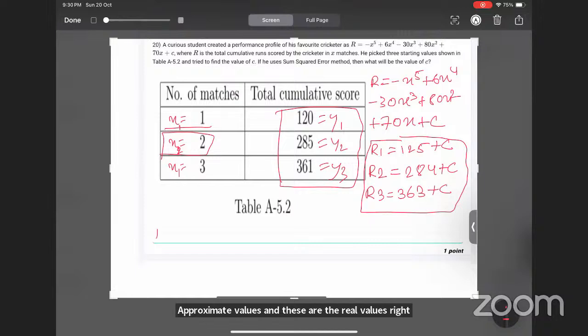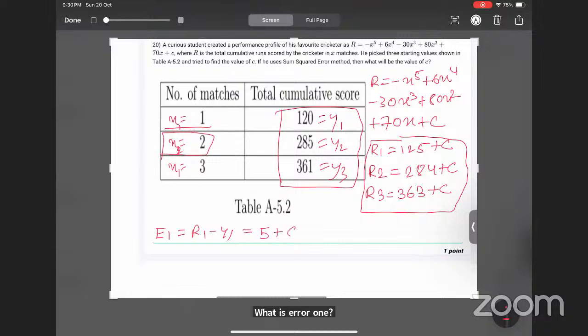So yeah, what is the error one? That means R1 minus Y1. What is error 1? 4 plus C, right? Yes. What is error 2?